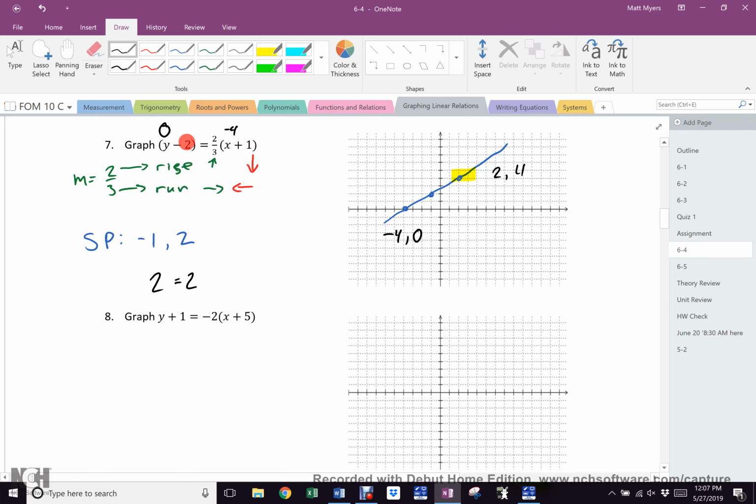What is 0 minus 2? -2. What is -4 plus 1? -3 times 2/3. What happens to the 3's? Cancel, and I'm left with -2, right? Does -2 equal -2? It does in my universe. So is this line graphed correctly? How long did it take to check?